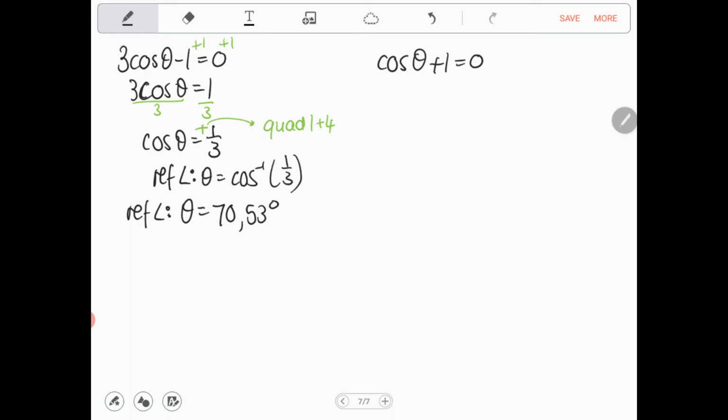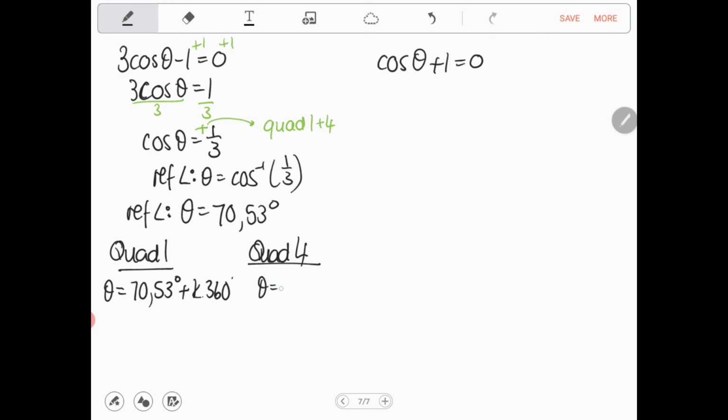Okay, so quadrant 1. Remember, quadrant 1 is your reference angle plus k lots of 360, and quadrant 4 is 360 minus your reference angle plus k lots of 360.